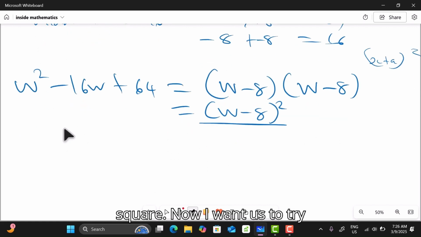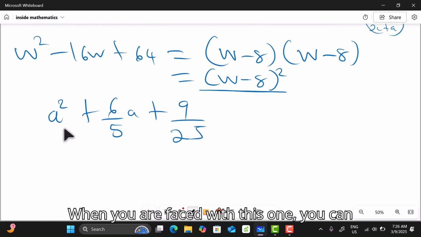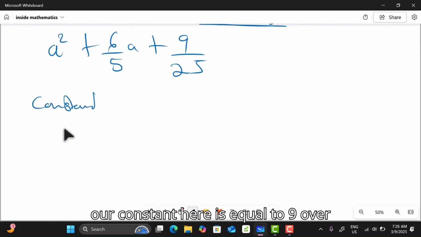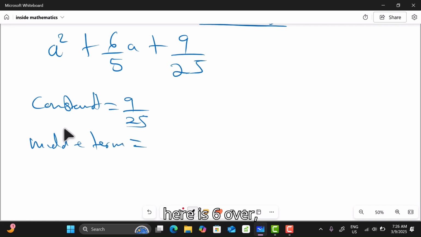Now I want us to try with a fraction, a square plus 6 over 5 a plus 9 over 25. When you are faced with this one, you can actually see that our constant here is equal to 9 over 25. And also our middle term here is 6 over 5.